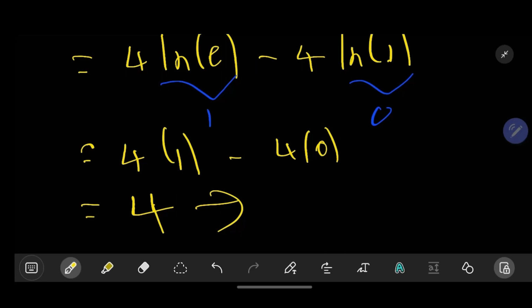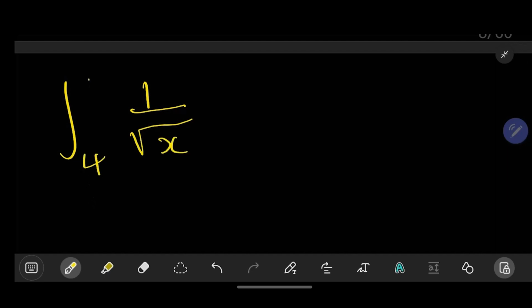So quite an interesting example to look at with ln as well as exponential. So let's look at another example. Let's say we need to find the integral of 1 over the square root of x from 4 to 9 dx.